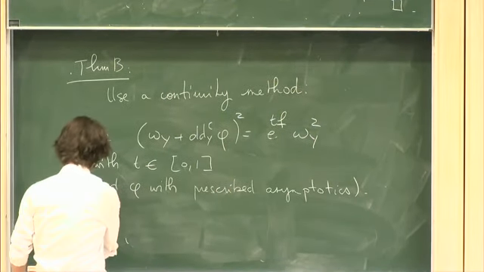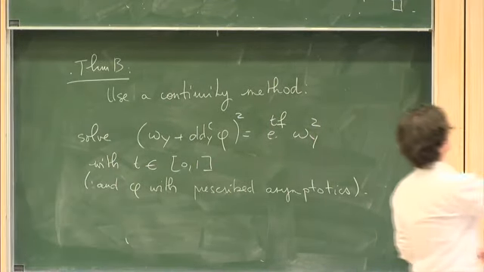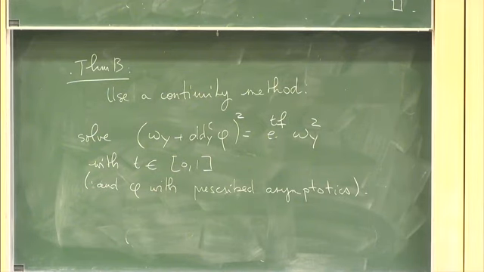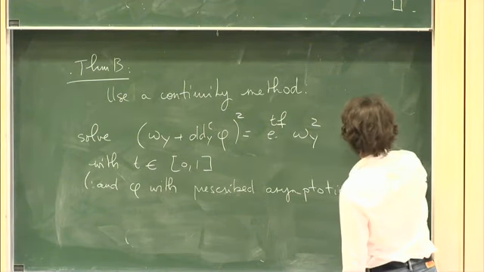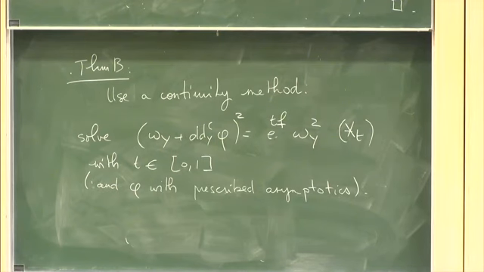So to put things a bit more formally, what you do is as follows. You consider the set of parameters A for which your equation star t is solvable.